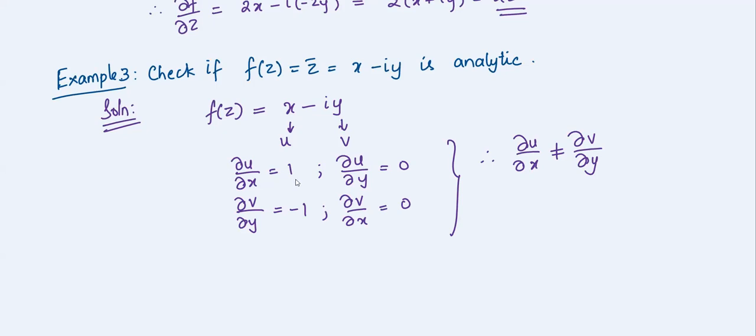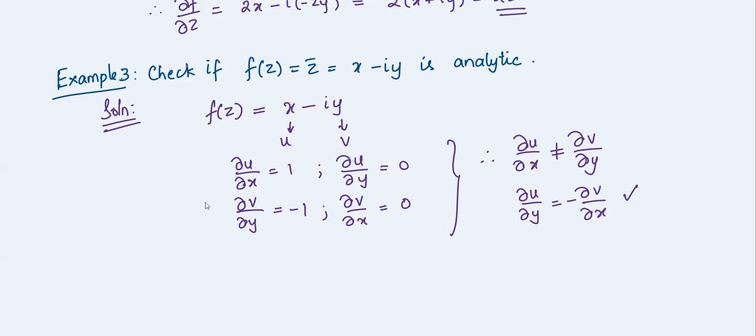Usually these two should be equal. However, dou u by dou y should be minus dou v by dou x. This is acceptable because both sides are 0.